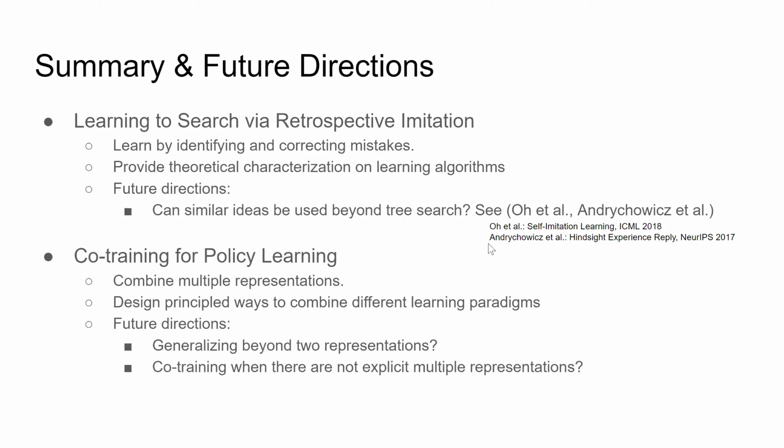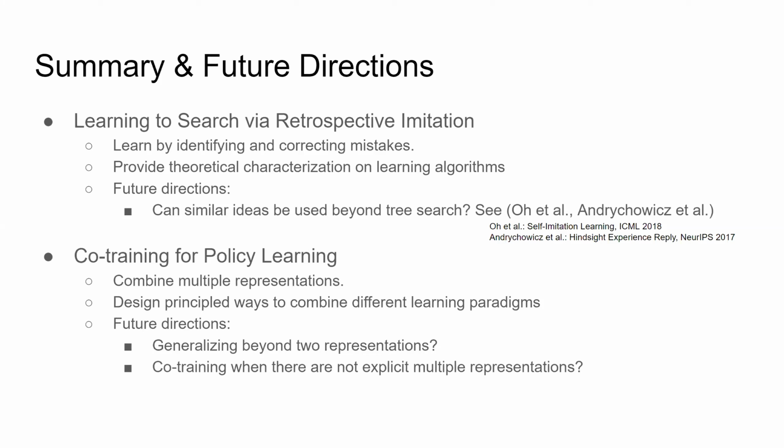And the second one is co-training, so combining multiple representations. The theory bound is generally designed beyond 2 representations. So I think you get the idea from multi-view learning or the triplet loss-based learning. They might provide some interesting directions.